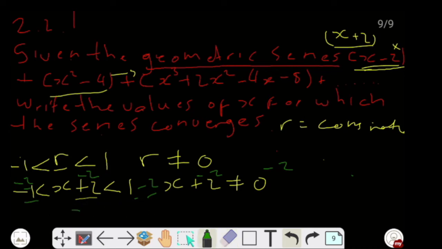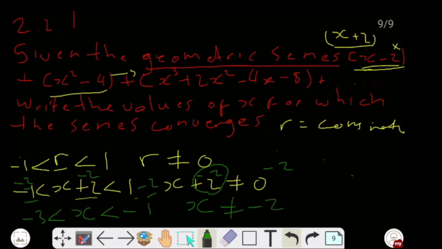So after doing that, your x should be between minus 1 and minus 3, right? And then remember again here, x should not equal negative 2, right?